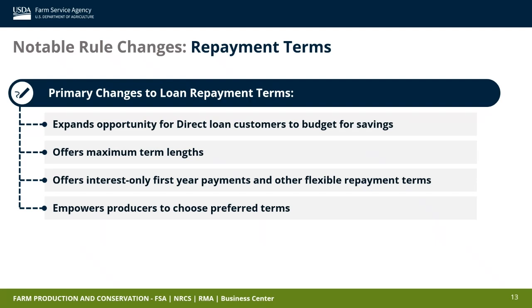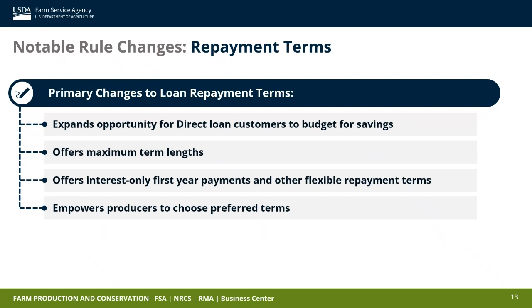Customers can, of course, choose to have a shorter term or pay it off faster with no prepayment penalty, as always, but we're going to be consistently providing equitable terms across the nation for all of our customers. And really, it's putting the power back in the customer's hands to make an informed decision of what repayment terms work best for them.